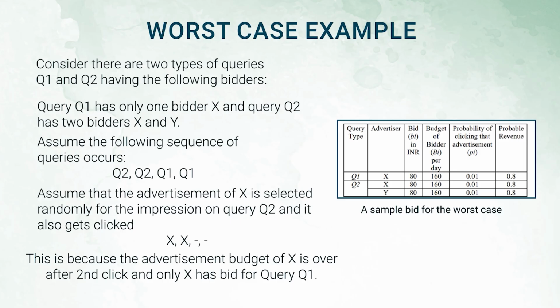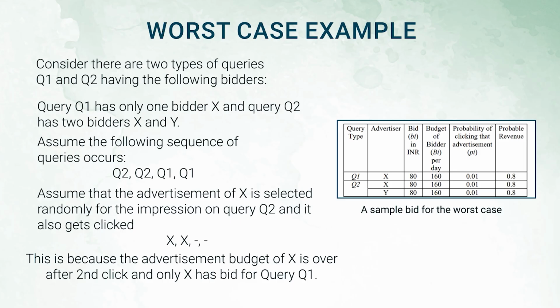Bid in INR is the same, 80, from all the bidders. Budget is also the same for all the bidders. Probability of clicking that advertisement is 0.01 in case of all query keywords and all bidders, and probable revenue generation is also the same, that is 0.8.